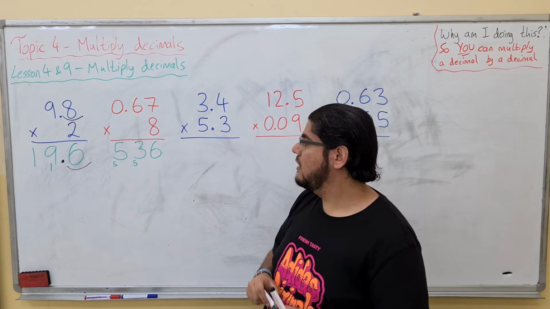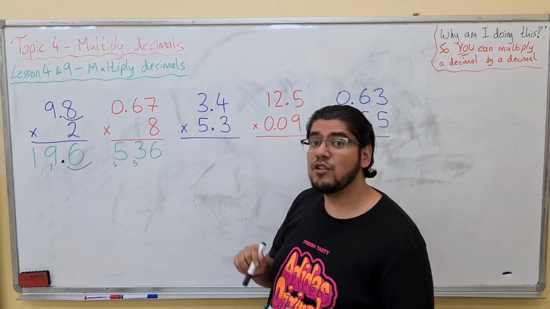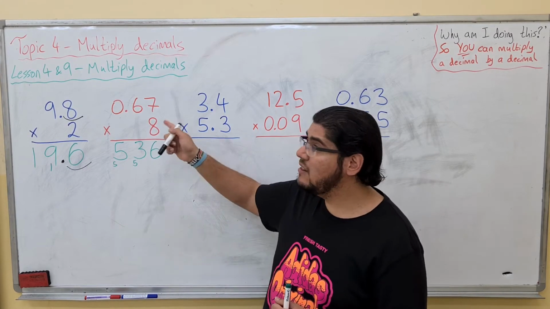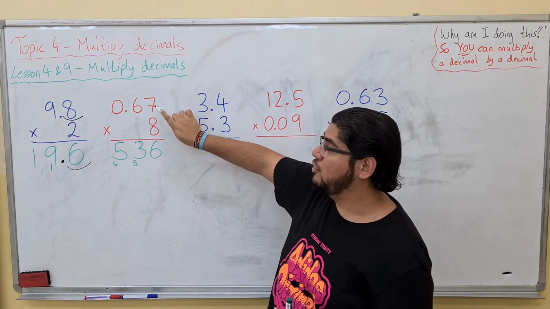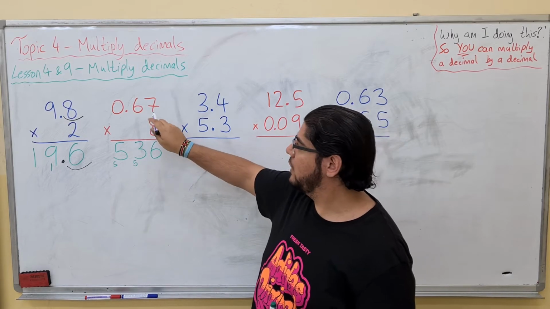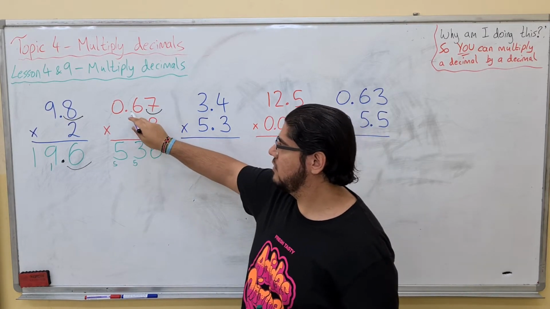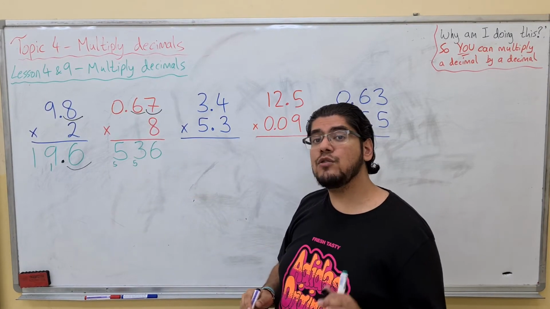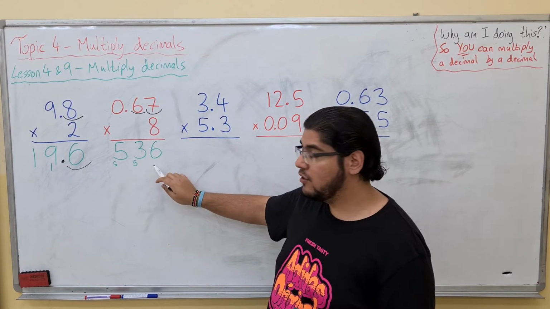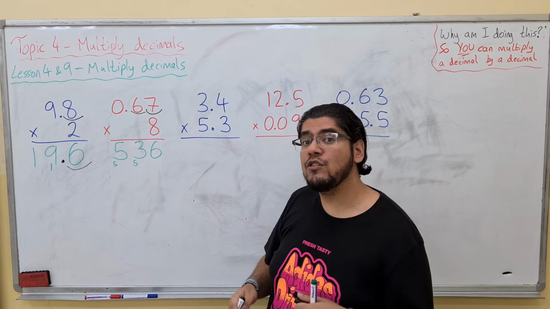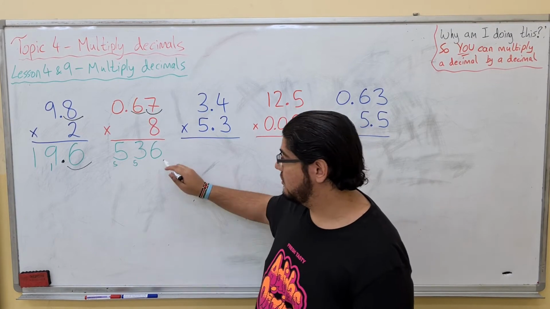Okay? Now then, let's count the total decimal places in the question. And it's from both parts of the question, not just one part. So we have 1 decimal place, 2 decimal places. A total of 2 decimal places in our question. So in our answer, we will also include 2 decimal places.